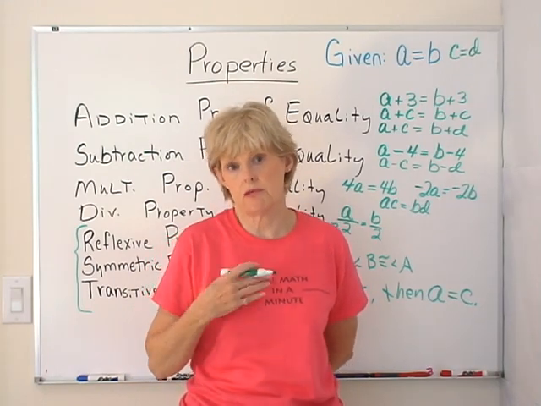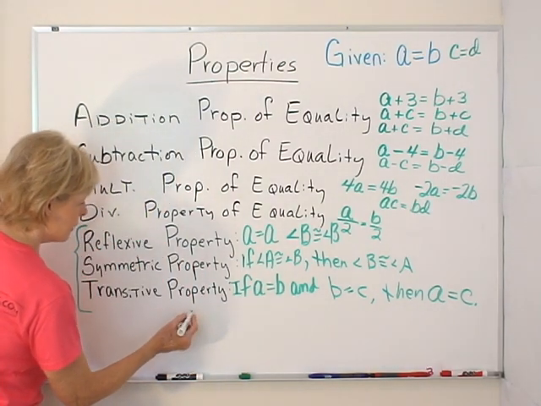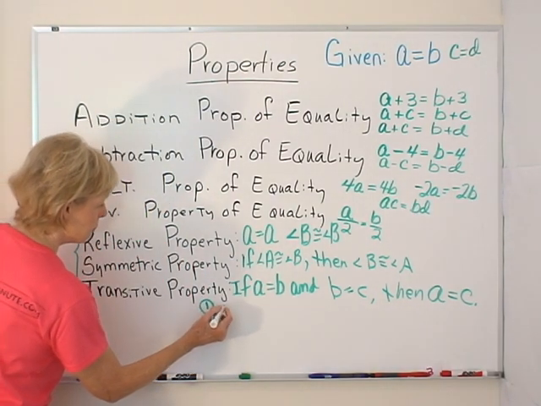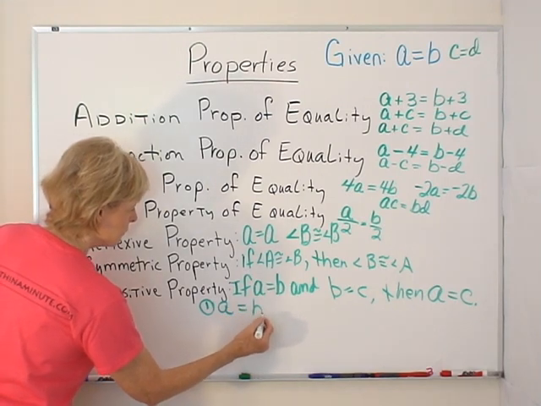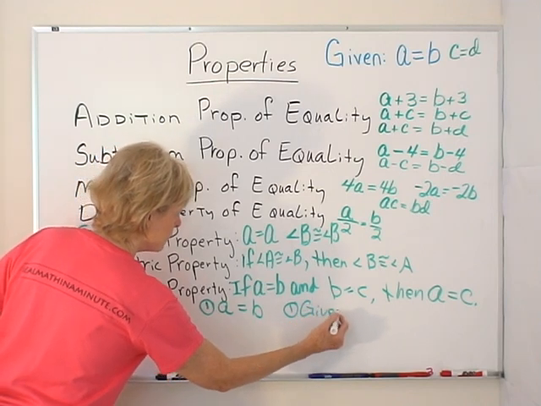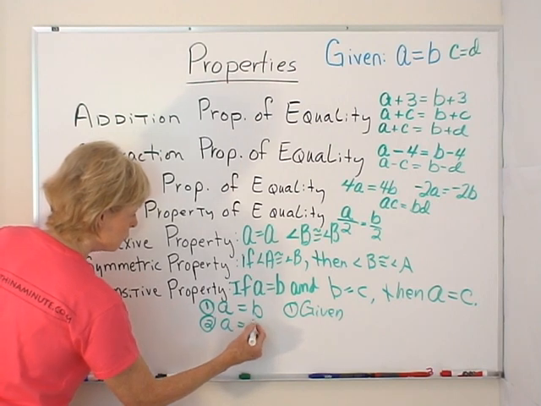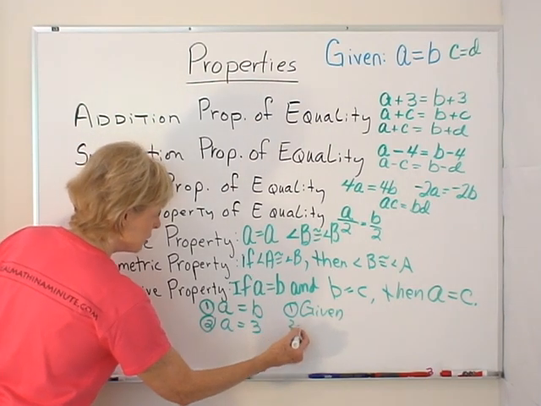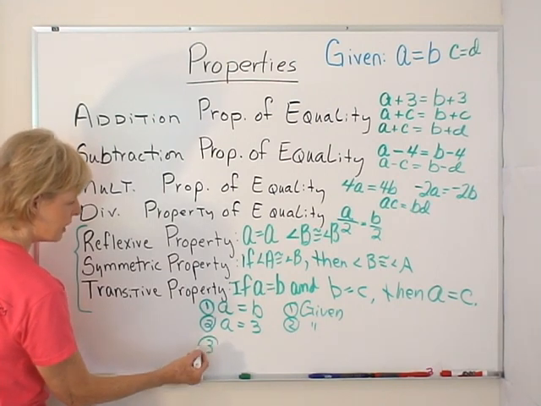If I had, say in one step, A is equal to B, let's say that that was given, and then I had that A was equal to 3, and let's say that was also given, then what do I know for absolutely sure?